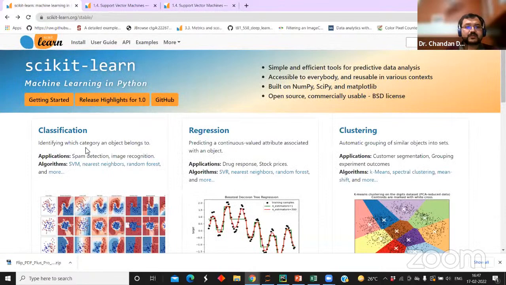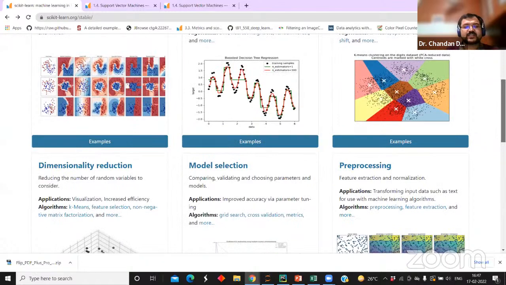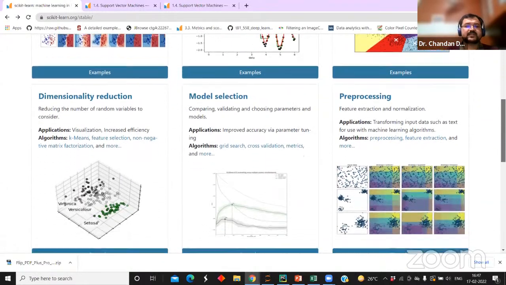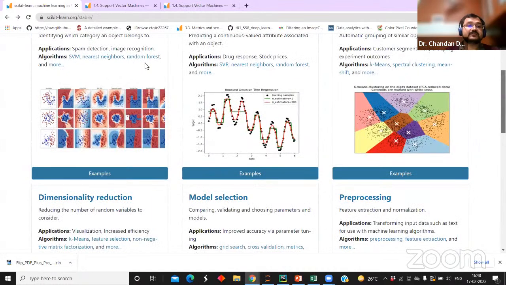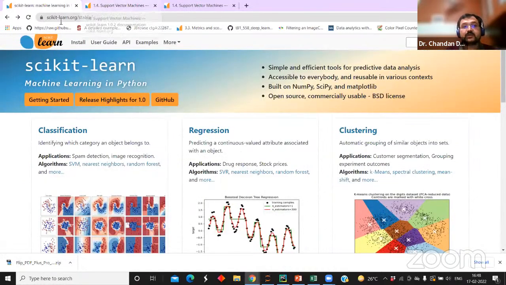In sklearn you can have the code for classification, regression, clustering, as well as dimensionality reduction, model selection, and pre-processing. Many things are there, and this is freely available, like the other packages of Python. From this documentation, we can use SVM, and all the codes and concepts you can have from this. And this is the SVR.